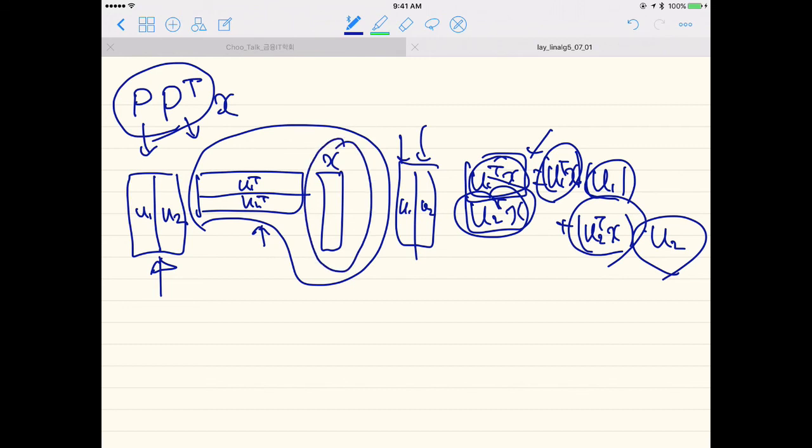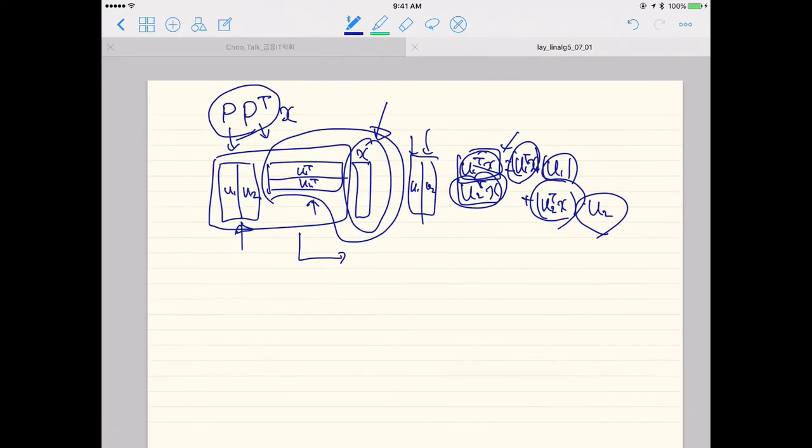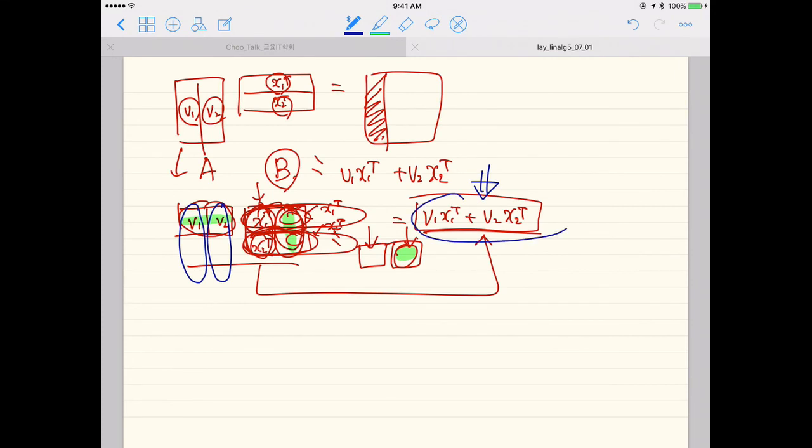Now let's think about this vector x later, and compute P times P transpose first. What is it giving us? By using this, we have two column vectors and two row vectors.